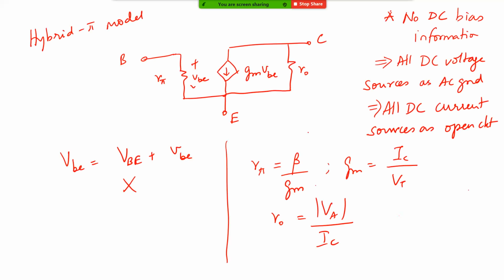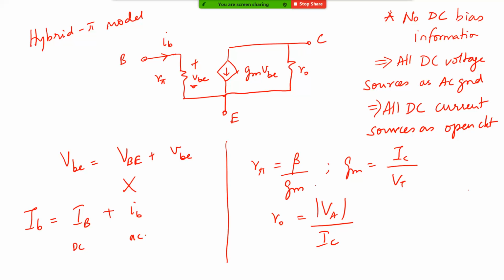If you say that this is VBE across this R pi, and in yesterday's discussion we knew that there is a small signal IB which is flowing, correct? If you recall what we saw in last class, capital IB can be written as capital IB plus small ib. So this is the DC component and this is the AC component.